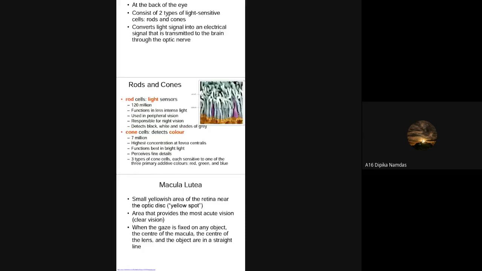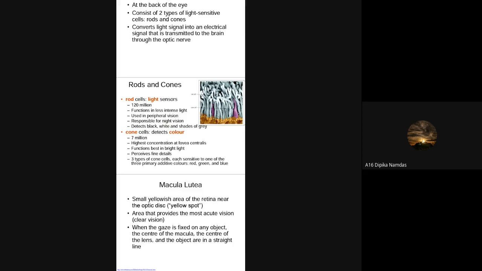Whatever object is seen by our human eye, those 120 million cells are responsible for observing the object. And if we have to detect various types of colors, we can observe the colors by using cone cells. If there is blindness, there is a problem in cone cells.